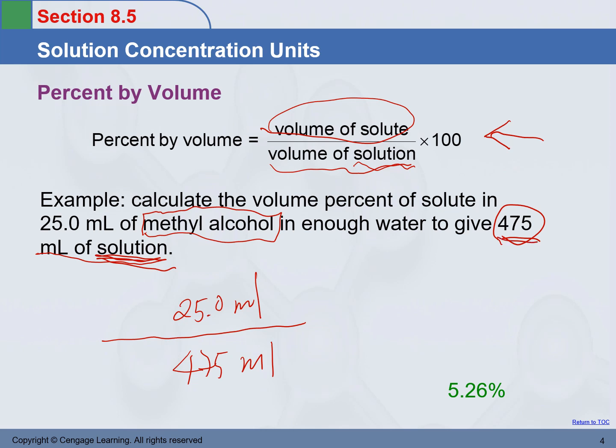Because 475 is the volume of the solution. That's what it is. You do not need to add anything to it. Multiplied by 100, you're going to get 5.26%, three sig figs.